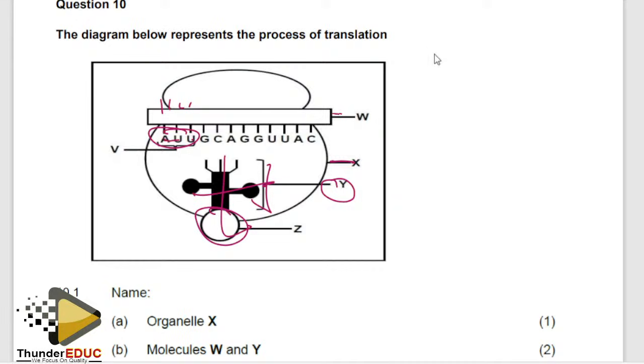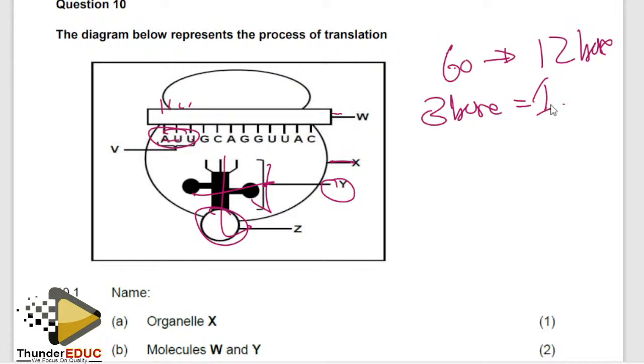Two questions. The first one is how many codons in 12 bases? Remember, 3 bases is equal to 1 codon. So 12 divided by 3 makes 4 codons.